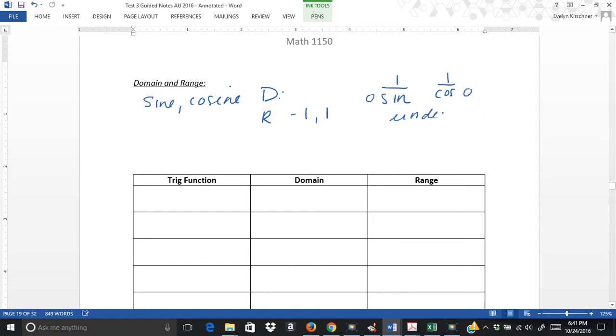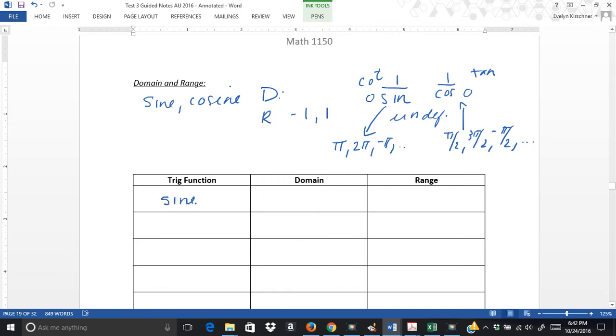So we have to decide, when is it 0? Well, sine is 0 at pi, 2 pi, -pi, and all those values. And cosine is 0 at pi over 2, 3 pi over 2, -pi over 2, and all those values. This would be for tangent, and this would be for cotangent because the sine is on the bottom. So let's see if we can figure out our trig functions now.